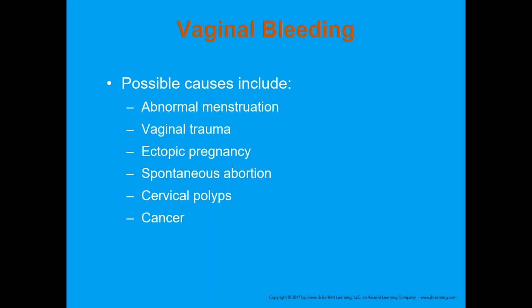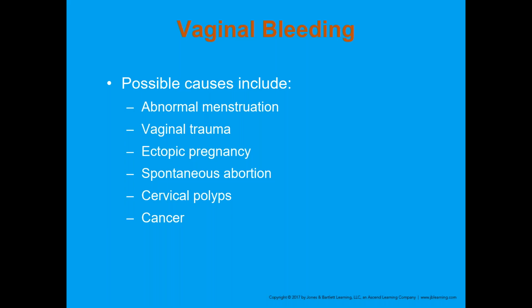Trauma to the vagina is what we talked about in the last lecture. We mentioned ectopic pregnancy just a few slides ago here towards the beginning. Spontaneous abortion is the $10 medical word for miscarriage.